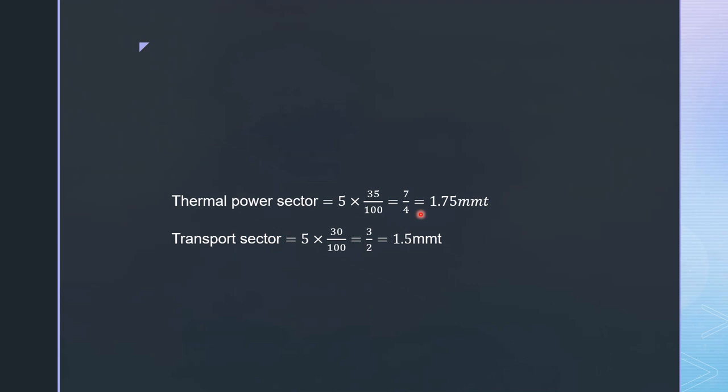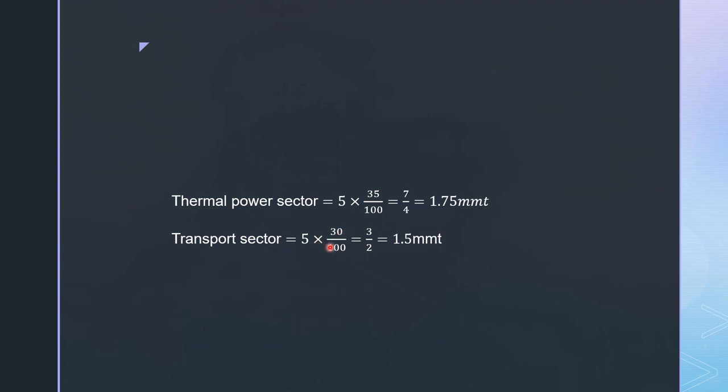Let's solve this question. From the thermal power sector, 35% CO2 will be emitted. So 5 into 35%, that is equal to 5 into 35 divided by 100, that is equal to 7 by 4, that means 1.75 MMT. And from the transport sector, 30% CO2 will be emitted.